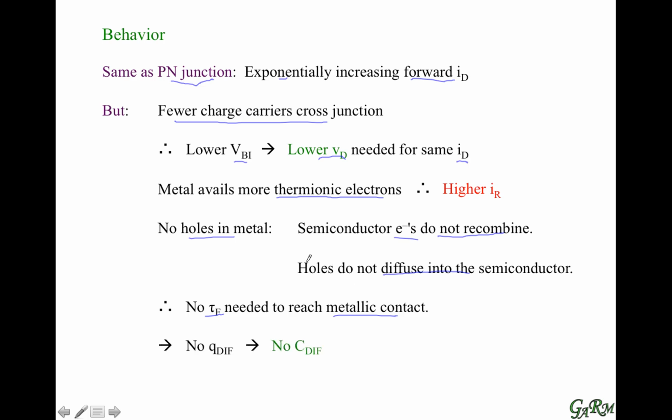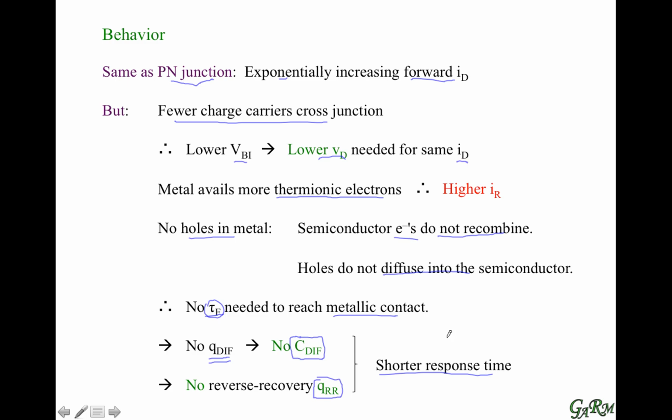What that means is that in the depletion region, there is no in-transit diffusion charge, because the charge almost instantly gets to the contact. And that means there's no effective capacitance holding this in-transit charge. It also means that when we recover from the reverse condition, we don't need to recover that in-transit charge either, so there's no reverse recovery charge. In other words, the Schottky diode is faster than the PN-junction diode.